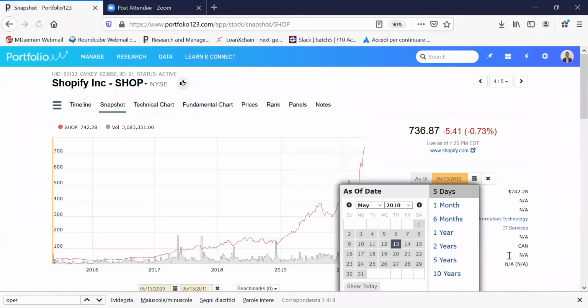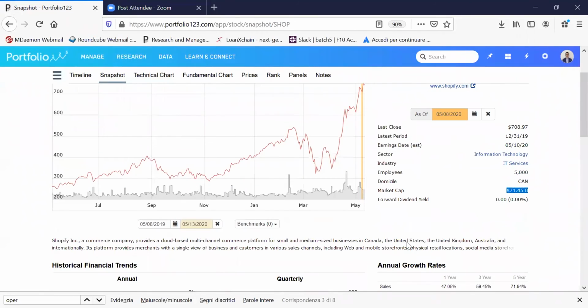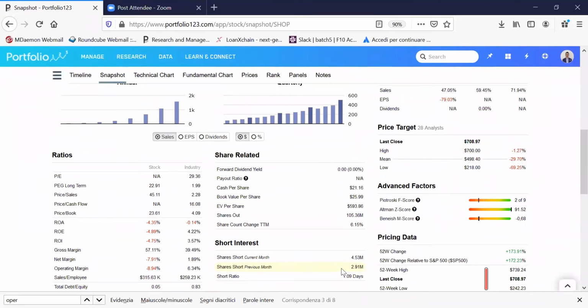So, of course, if you compare different stocks, you can really understand how much expectations are baked into those stocks, and how much the market is expecting those stocks to grow over 5 or 10 years.